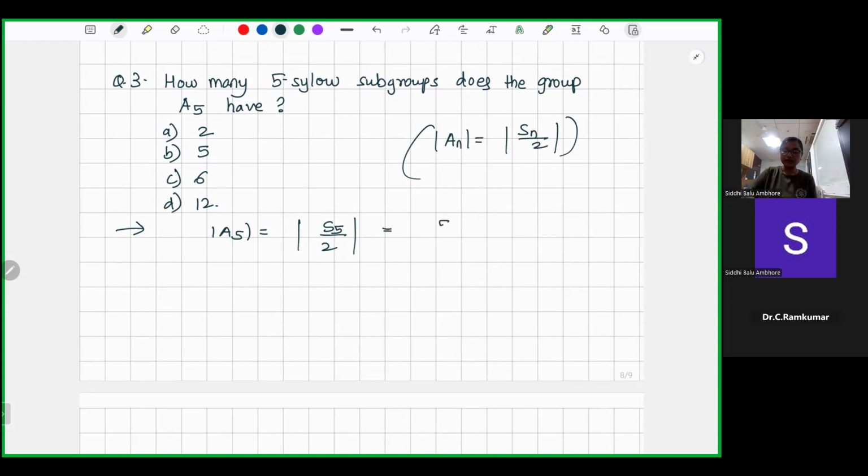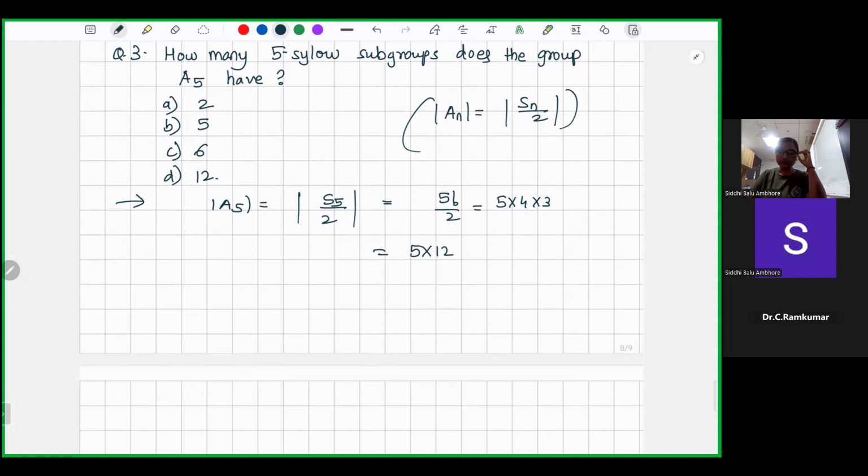The cardinality of S5 is 5 factorial, so this is 5 into 4 into 3 into 2, which gives 5 into 12. And the moment I have this, I have the existence of a Sylow 5 subgroup using Sylow's first theorem.